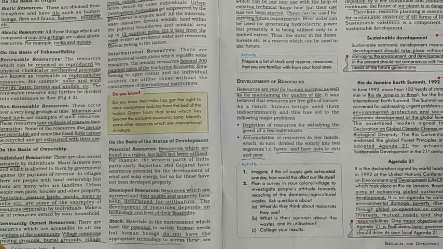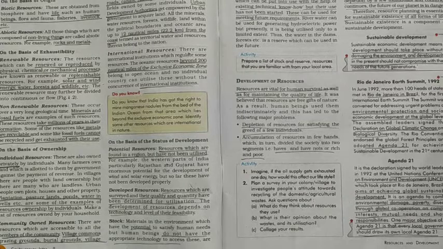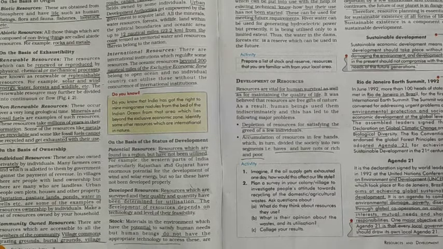And after learning the classification, we have also seen the problems that were caused by overusing the resources. It has led to the division of society, and also to the depletion of resources, and also led to global warming, ozone layer depletion, etc., which is a major threat to planet Earth.